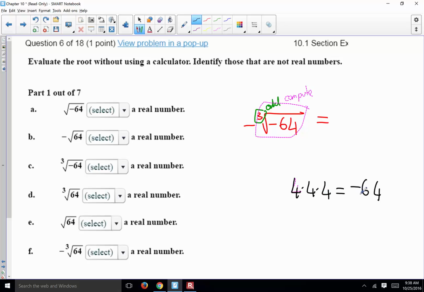If it's positive, it's going to make positive 64. It has to be negative 4 to make negative 64. Agree? So this part is negative 4. But we have an extra negative outside combining with this, correct? So it's going to make positive 4. Okay? How about now?